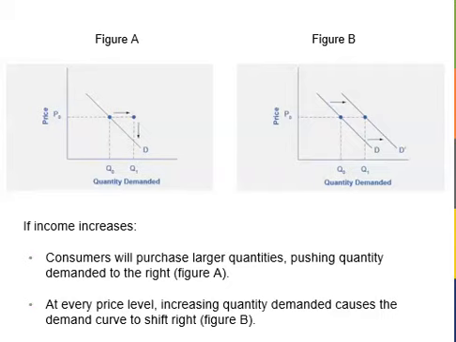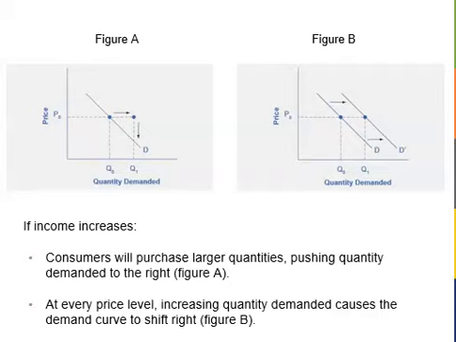If at every price level, our quantity demanded is higher because of the higher income, that means our demand has increased. The demand curve shifts to the right on the demand graph as shown in figure B.